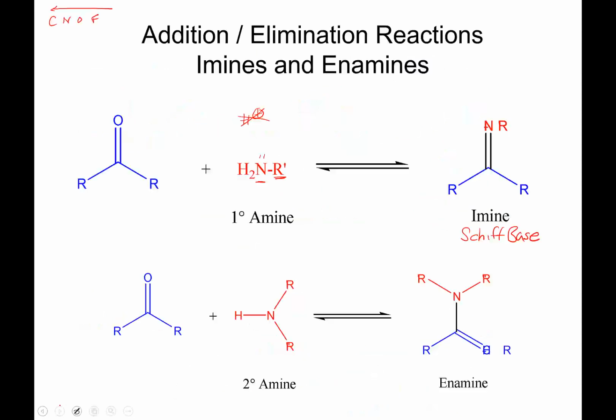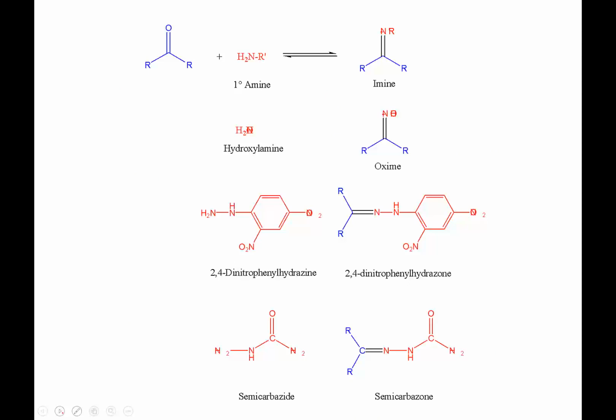Now let me go back here. There are lots of classical imines and Schiff bases that we can make. Again, primary amine does not make an imine. It makes a Schiff base. NH3 makes the imine.